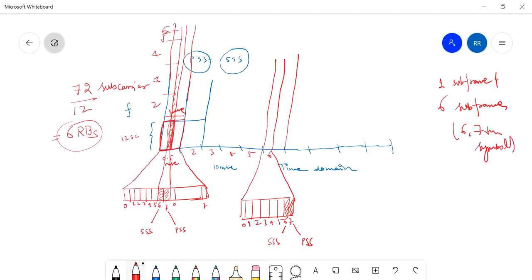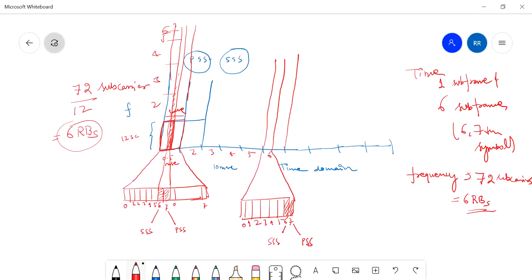On the frequency domain, they are present on 72 subcarriers, which is equivalent to 6 RBs. Right, so this is about PSS and SSS mapping.